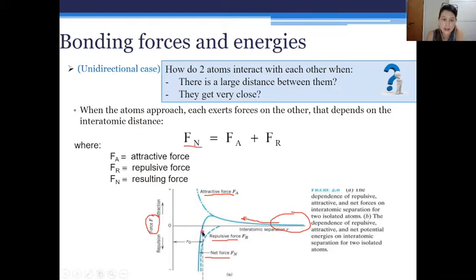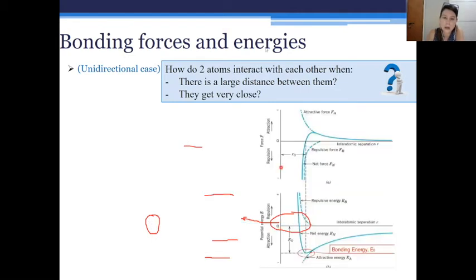At R0, this specific interatomic distance, there is no resulting force between these two atoms. They are at equilibrium. It could be more convenient to talk about energy than to talk about forces.